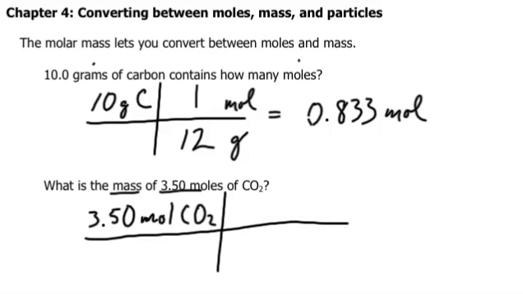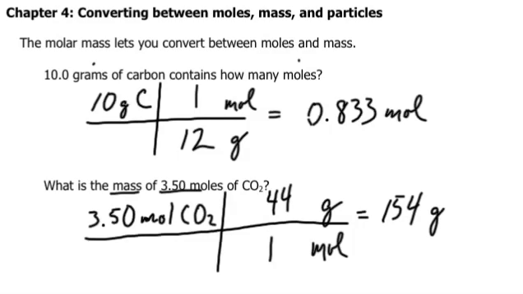We're going from moles to grams. Moles goes down and to the right, and 1 mole of CO2 weighs 44 grams. So do that conversion, 44 times 3.5, and you get 154 grams of CO2.